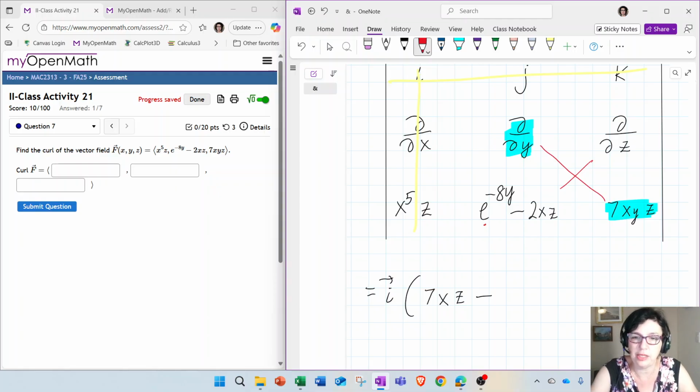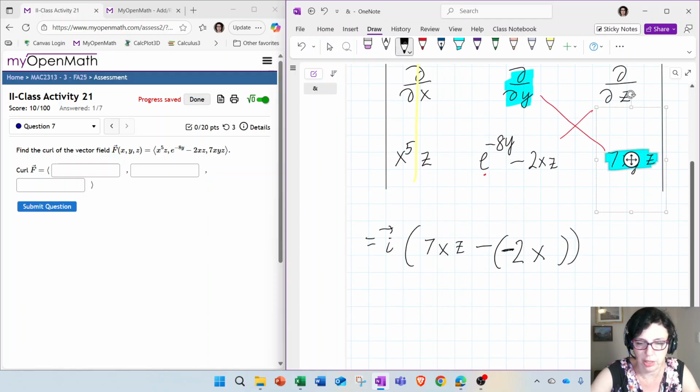So e to the negative 8y will disappear. Now remember, we subtract the derivative, so we're going to subtract whatever we get. This is important because we're going to have a minus and a 2 and an x, because the derivative of 2xz is 2x, because 2x is just a number, like number times z. Okay, so that's going to be the i component.